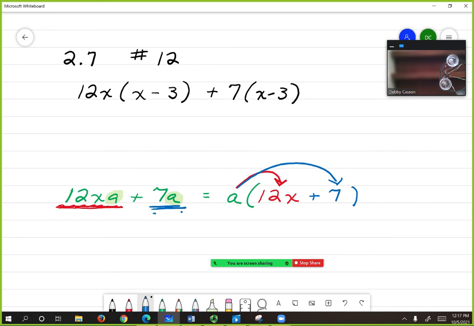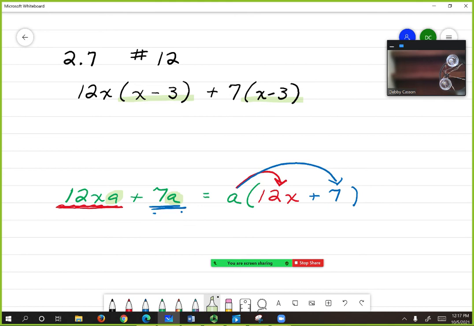Now this one up here looks a lot more complicated, just because in place of a, I put x minus 3. So the common factor for the problem up above is x minus 3, and that's what I'm going to factor out.